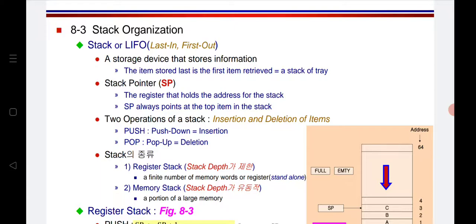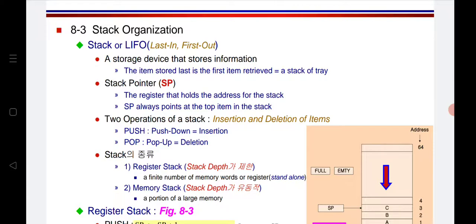Whenever I talk about stack memory, I generally perform two operations. One is the push operation, the other is the pop operation. When I need to store data, that is, insert data into the stack memory, I will be using a push instruction. Whenever I want to delete a particular piece of data from the stack memory, or retrieve or read the data from the stack memory, I will be using a pop instruction.